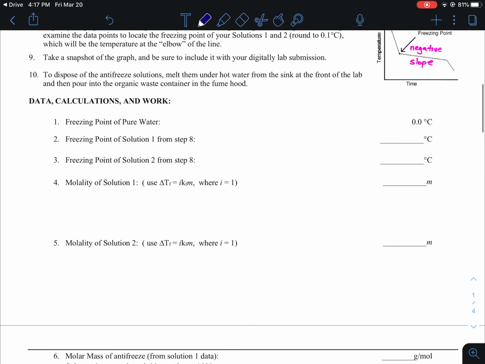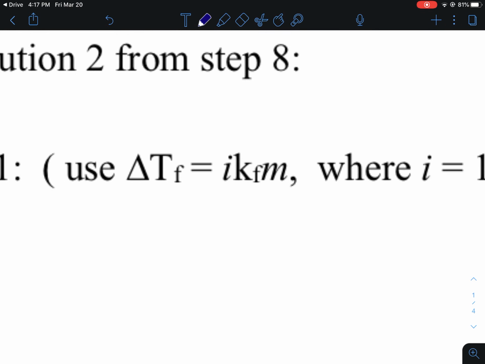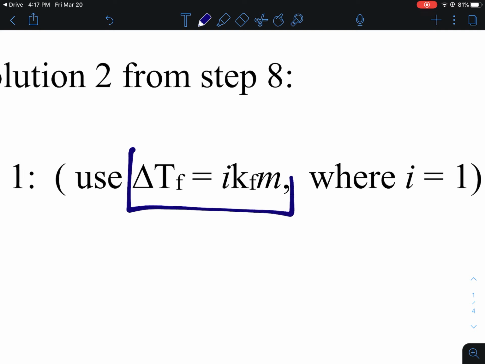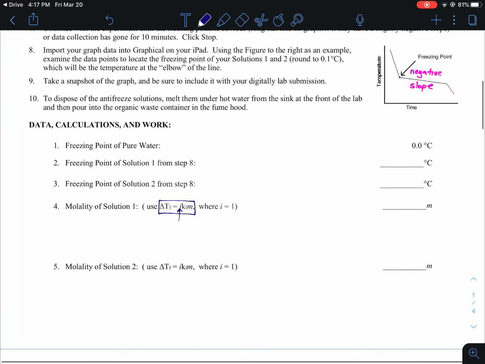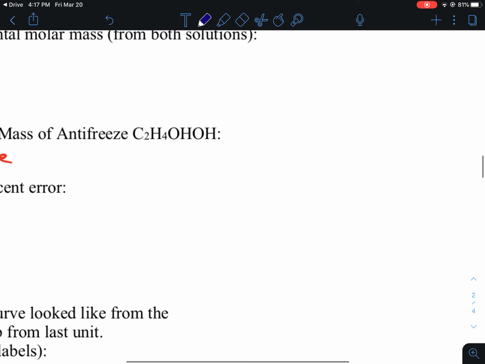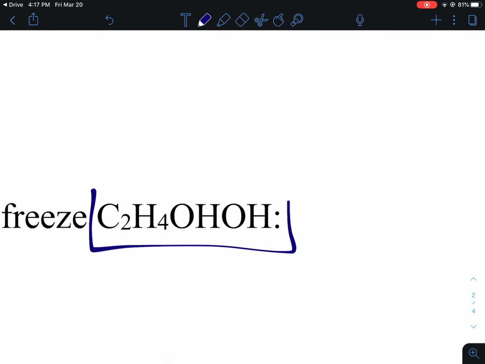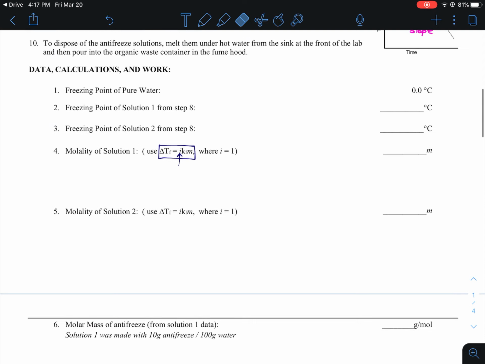You know this to be true: the change in temperature of the freezing point is the product of the van 't Hoff factor, i, the constant K, and the molality. Think about ethylene glycol. This is the formula. Think about whether that's ionic or covalent, and you should be able to determine what the van 't Hoff factor, the i factor, would be for that.